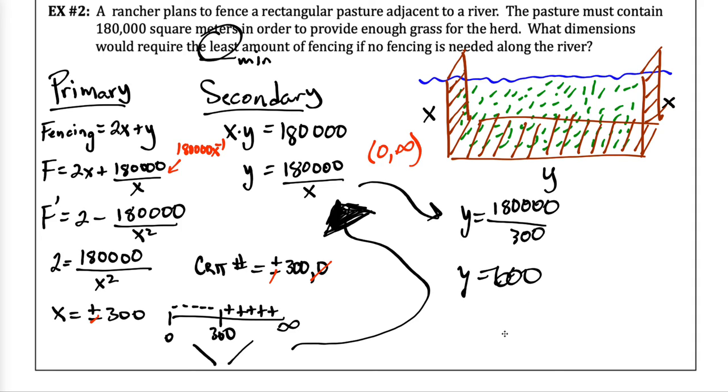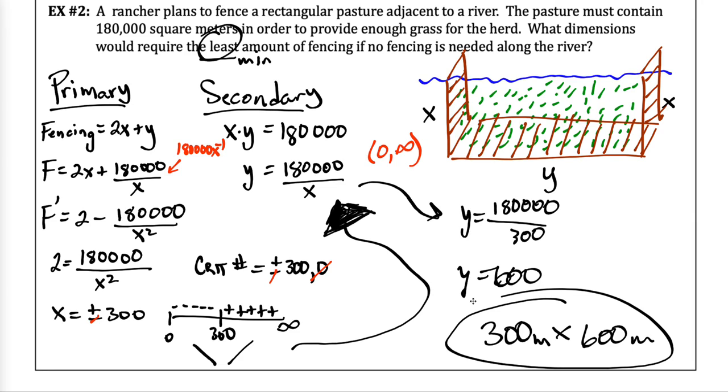You had x equals plus or minus 300, and you obviously know it can't be minus. I plugged it into the equation before, and I already got 600 and 300. It's obvious between the two which is the min. No, you're not trying to determine between 300 and 600 which is min.